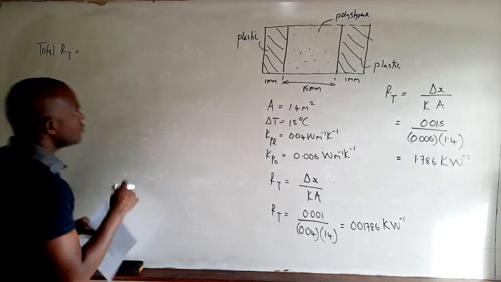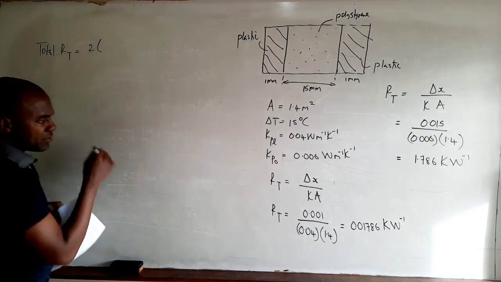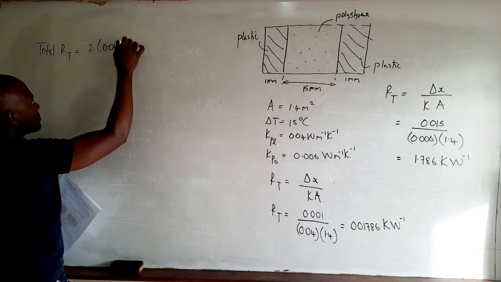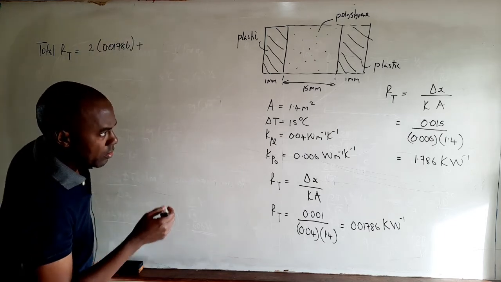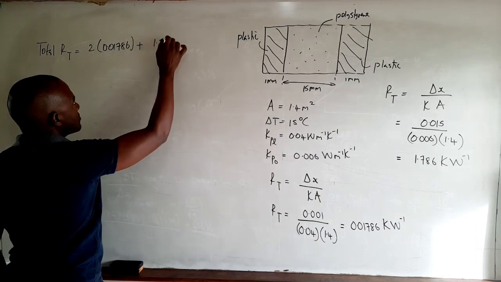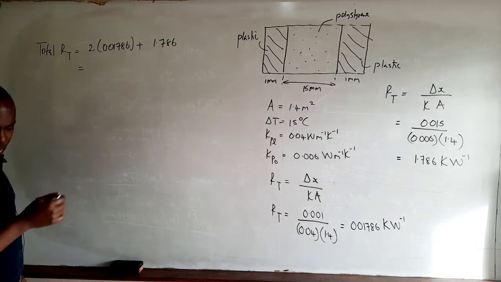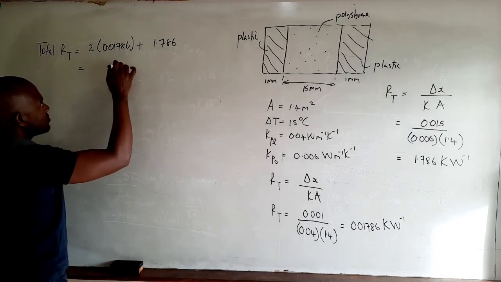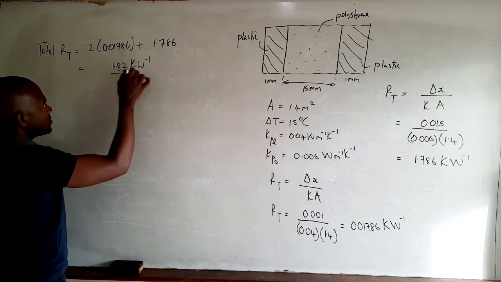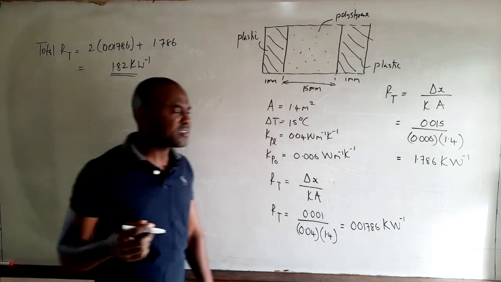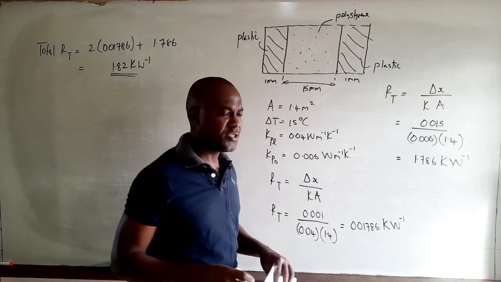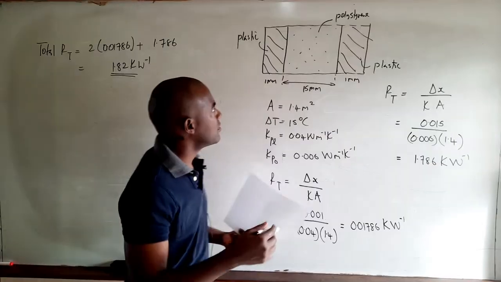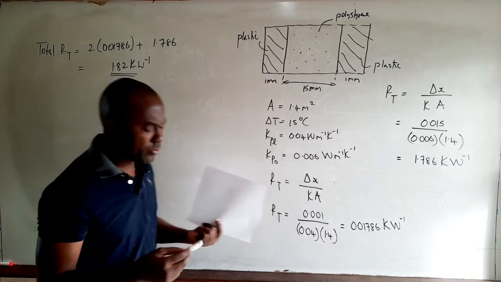So this gives us 2 times 0.01786 plus 1.786. And so this gives us approximately 1.82 Kelvin per watt. So that is the total thermal resistance of this composite thermal conductor, right?